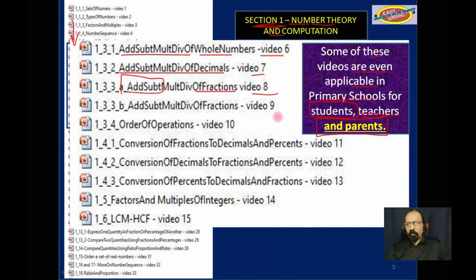And then video 9, multiply and divide fractions. And these are all part of this CSEC syllabus for mathematics. So parents, teachers, students can use this effectively, at least section 1.